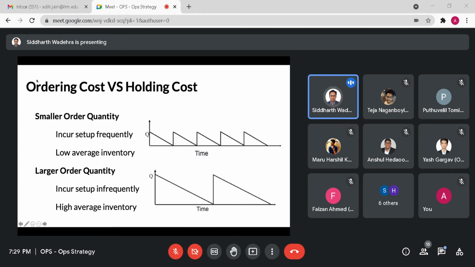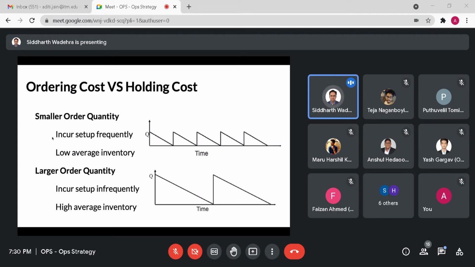Now contrast this with the idea of ordering a large quantity at a single time. In this example, you've ordered only maybe 2 times in a year. And if this was 6 months' worth of inventory you're holding, your annual ordering cost is going to be based on just 2 orders, and it's going to be relatively small compared to the first case.